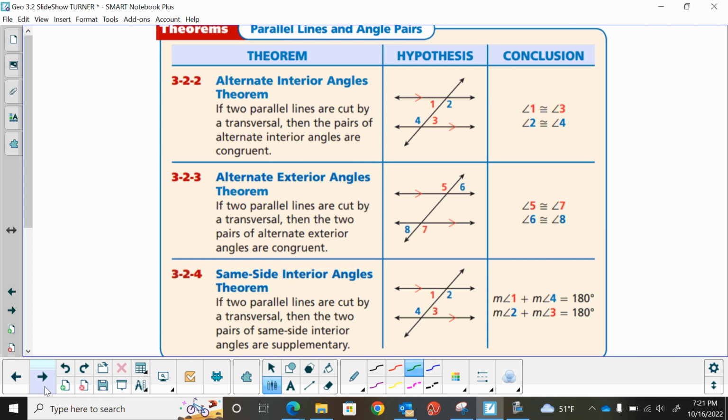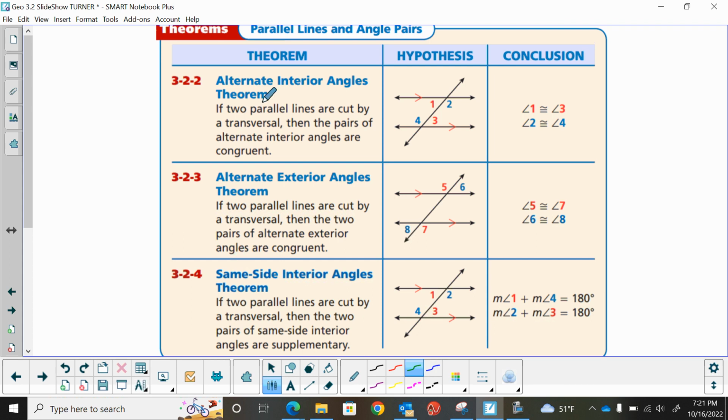All right. Then from the corresponding angles postulate, which again, remember, a postulate is something that we accept without proof, we can use that idea to come up with these next three theorems. They give us information about the other three pairs of angles: alternate interior, alternate exterior, and same side interior.